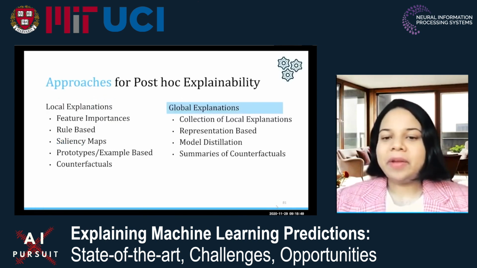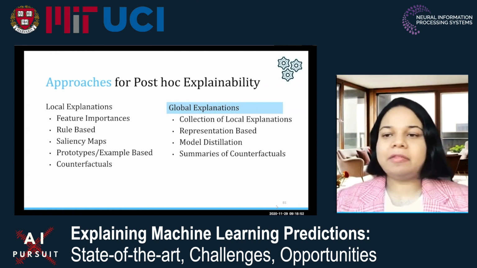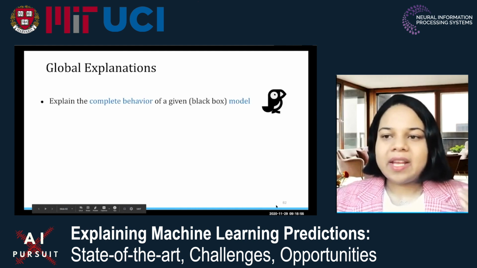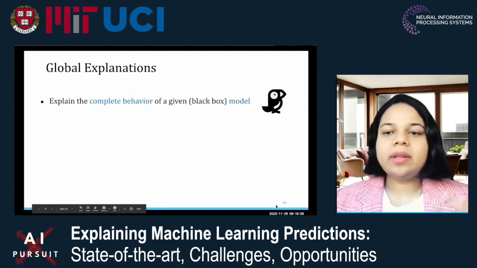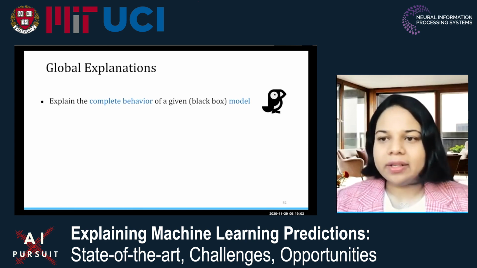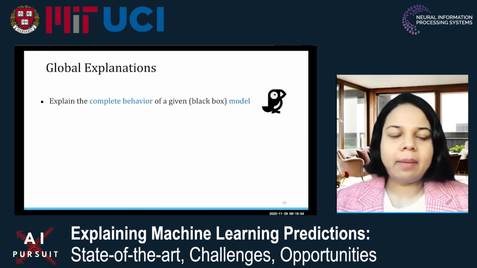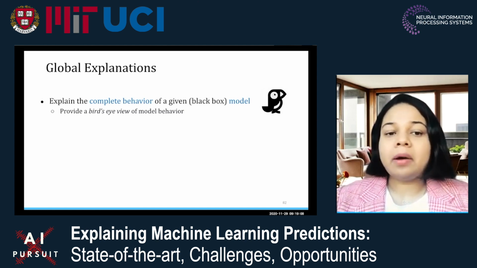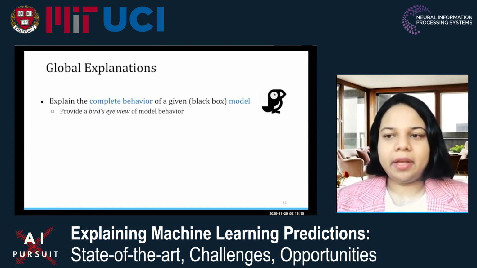All right, now we are going to talk about the next type of explanations, that is global explanations. Global explanations are designed with the goal of explaining the complete behavior of a given model, which could potentially be a black box. So these kinds of explanations provide a bird's eye view of model behavior.